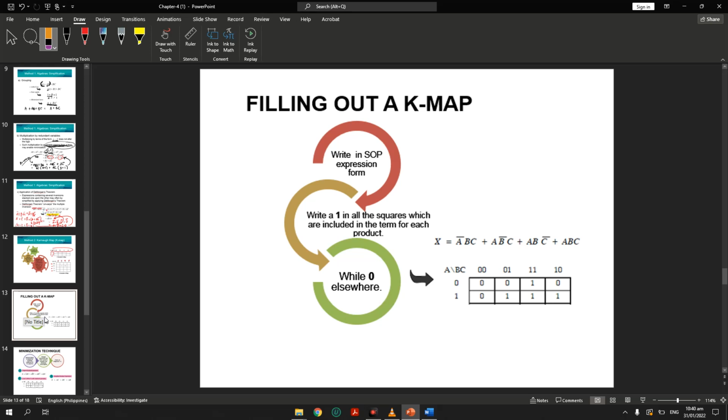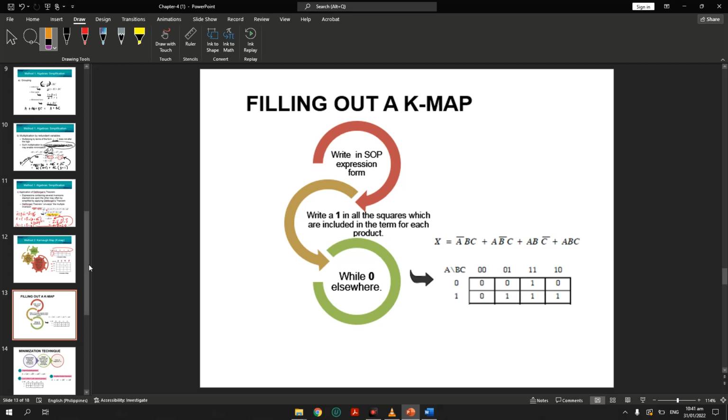That means this SOP expression is already derived from the output which is 1. These inputs give a value of 1. So here, we are to write 1 in all the squares which include the term for each product.